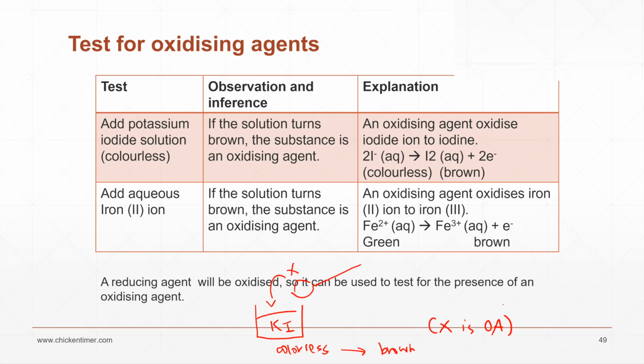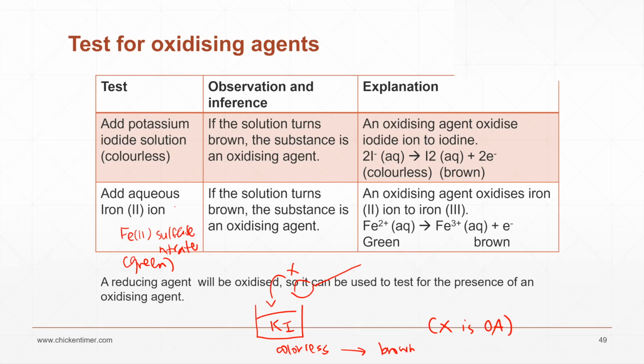Then the second one is iron(II) solution. It could be a sulfate, it could be a nitrate, whatever. This solution is actually green in color. If this green solution turns brown, then it's an oxidizing agent.